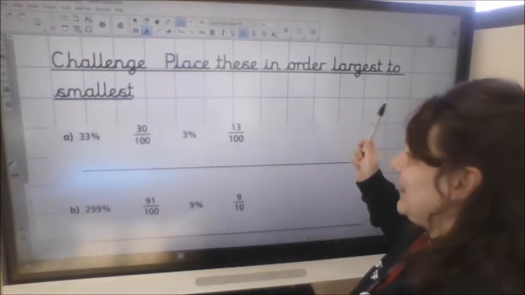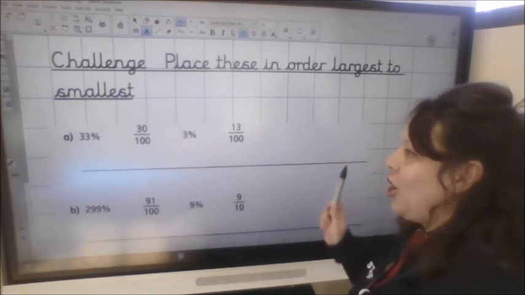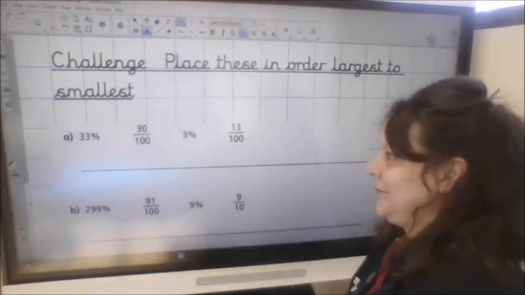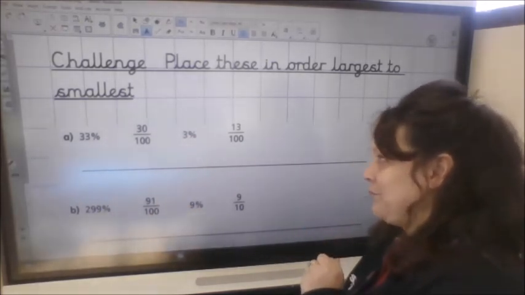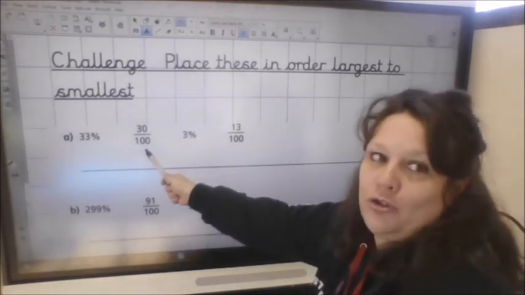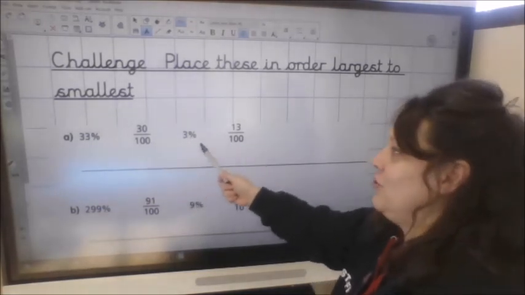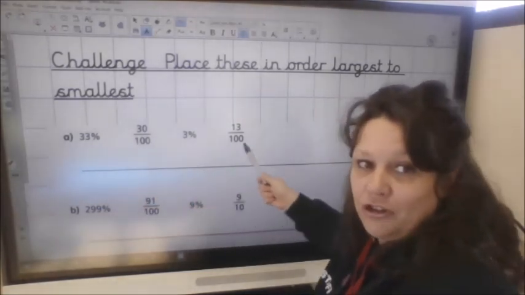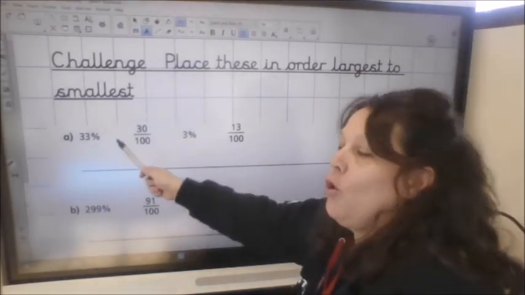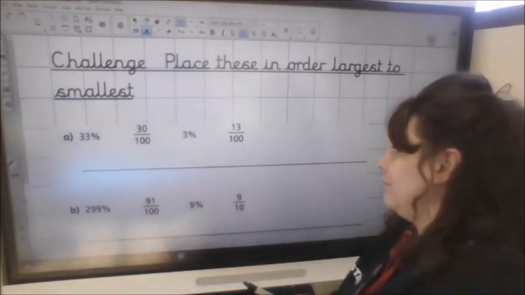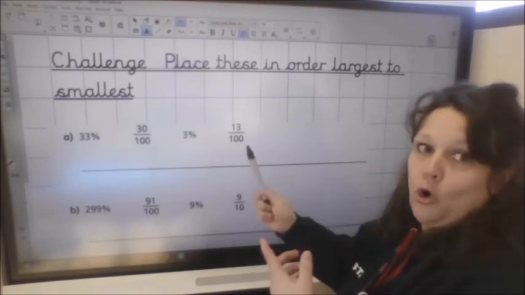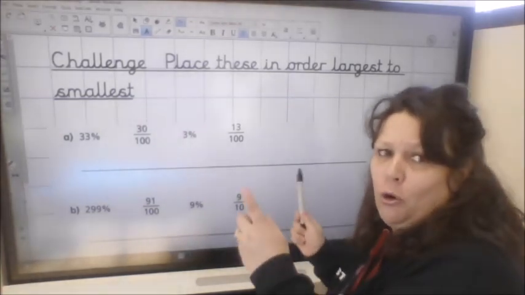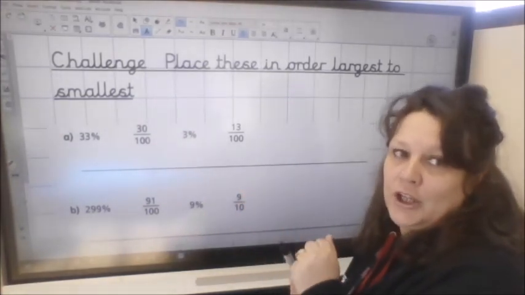You are going to place these in order, largest to smallest. So here you might want to convert them into either all fractions or all decimals, or all percentages, but make sure that you've got the same value.